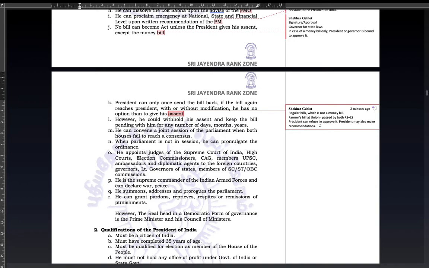When sending the bill back to the houses, president may also make recommendations that you should remove this or you should add this into the bill. And if now in this time, the Lok Sabha plus Rajya Sabha resend the bill back to president, then president has no other option than to approve the bill with or without modification.